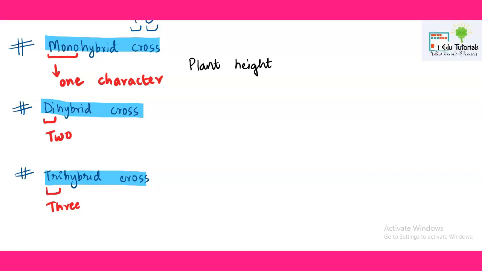If you are taking 2 characters at a time, suppose plant height as well as seed shape, and you are studying the genetics of those 2 characters, then the cross will be known as dihybrid.